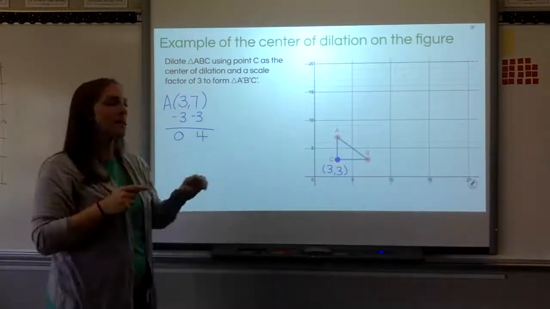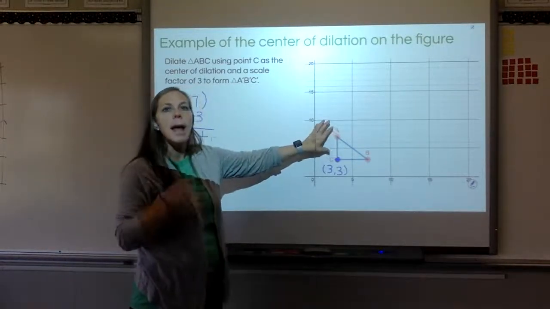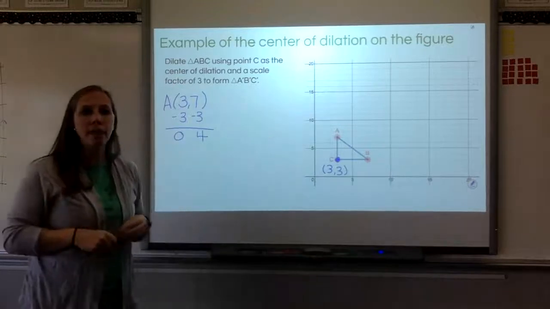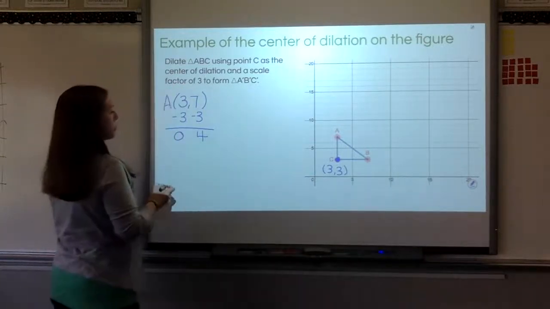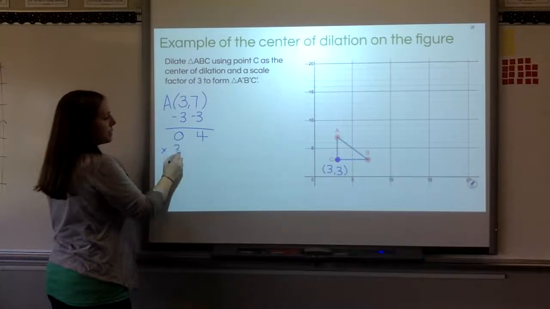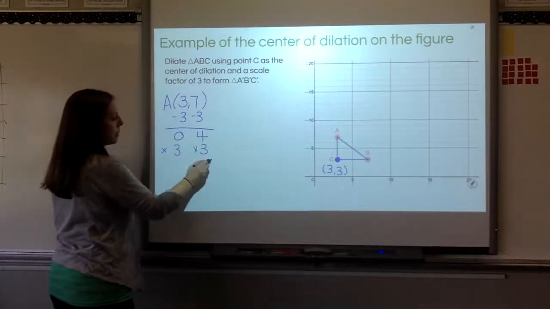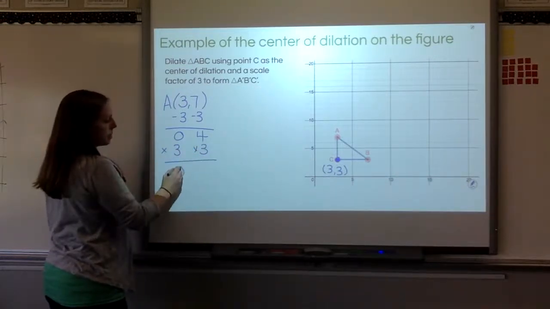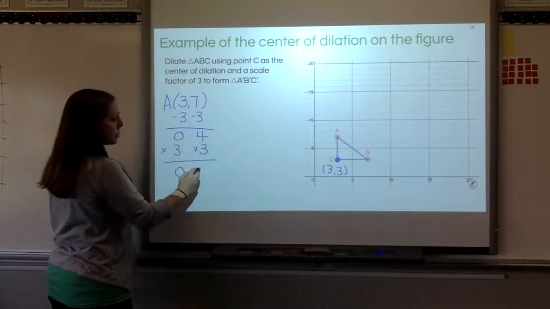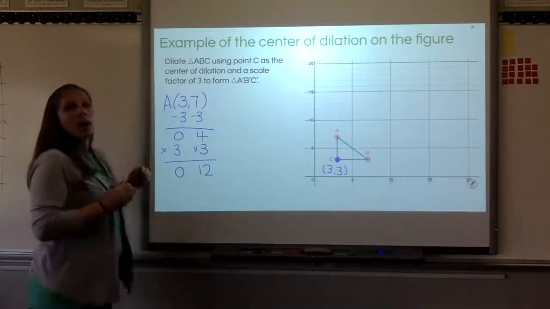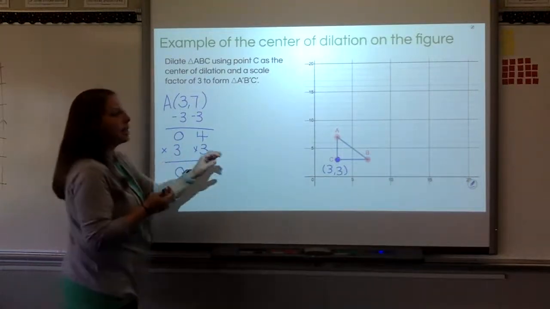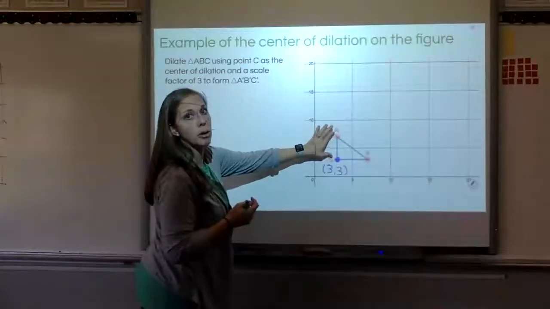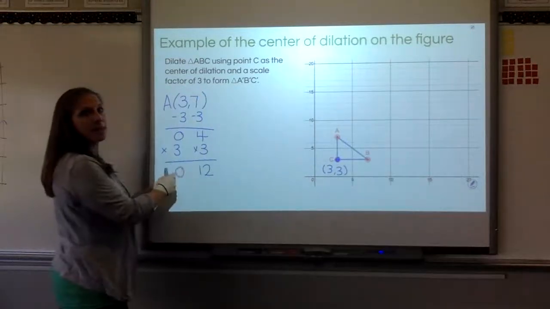Okay, so now what I've done is I found how far apart these are, and now I'm going to apply my scale factor. My scale factor is 3, so I'm going to multiply each of these values by 3. 0 times 3 is 0, 4 times 3 is 12. Now what I've done is I've taken the original distance these are apart, and I've dilated that distance.